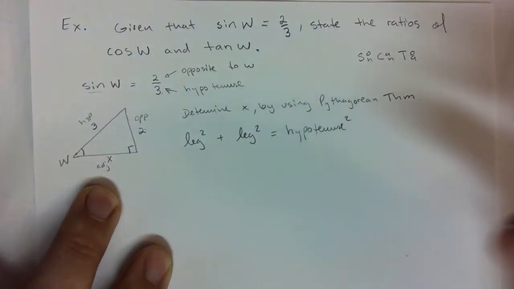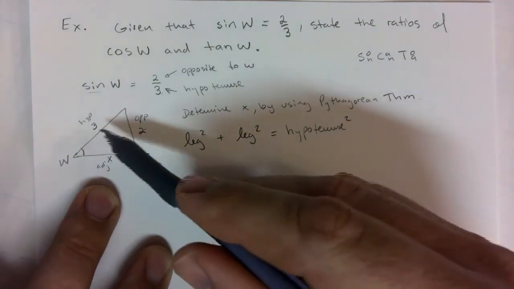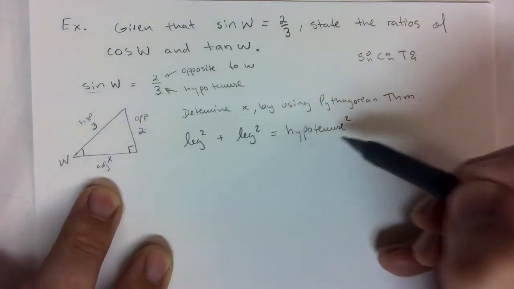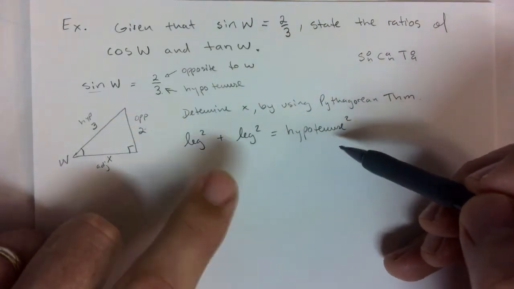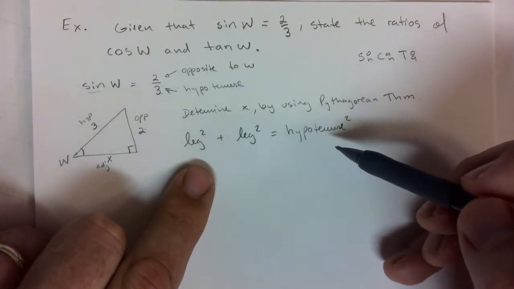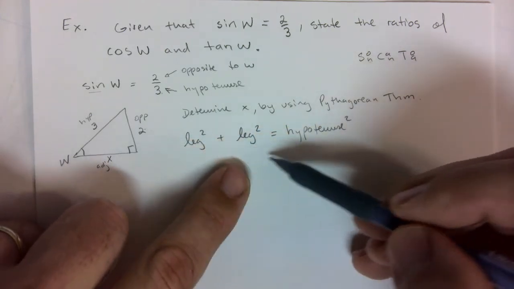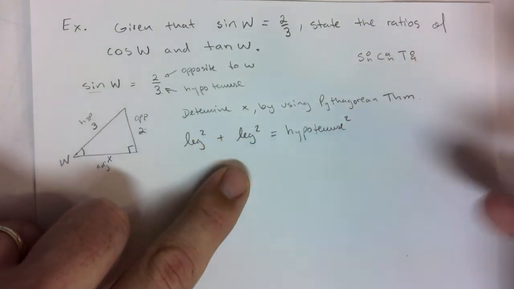It could be labeled X, Y, Z, A, B, C, it doesn't matter. You know the hypotenuse is across from the 90. This formula is actually what Pythagoras came up with. He did not use A, B, and C. He just noticed, hey, if you take the legs, you square them and add, that will always be equal to the hypotenuse squared, okay?